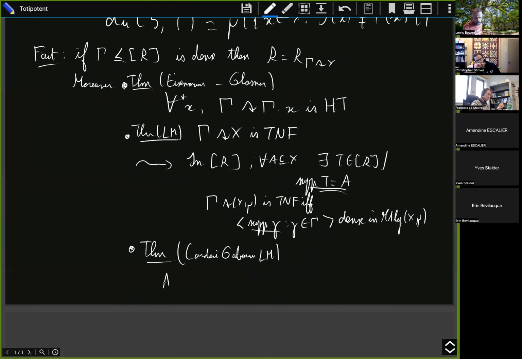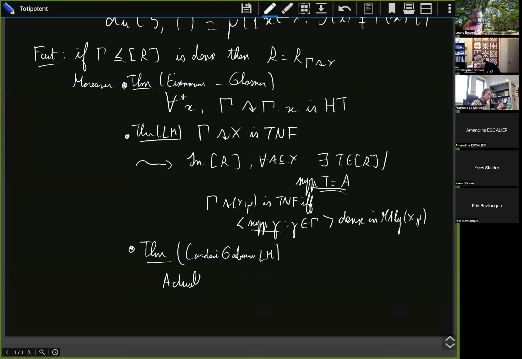Actually, when Gamma is dense in the full group, so this is a new notion. So I will give it one tentative name. We're not yet sure how to call it.